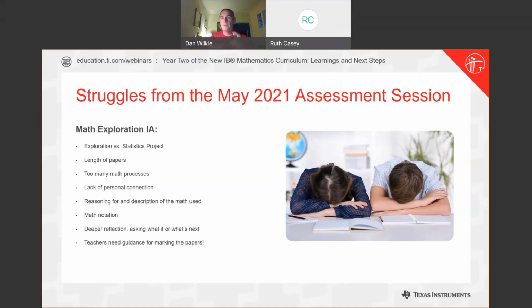You know, taking pictures of their calculator screen, that's a big no-no. Just stuff like using the correct chi symbol for chi-squared. So those are things that commonly come up with that.